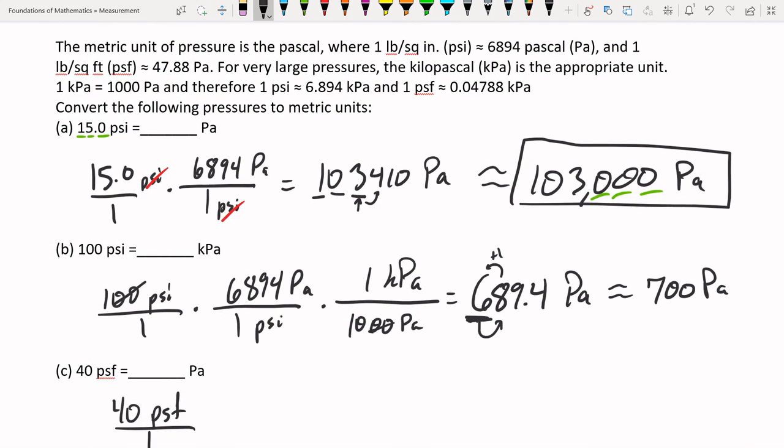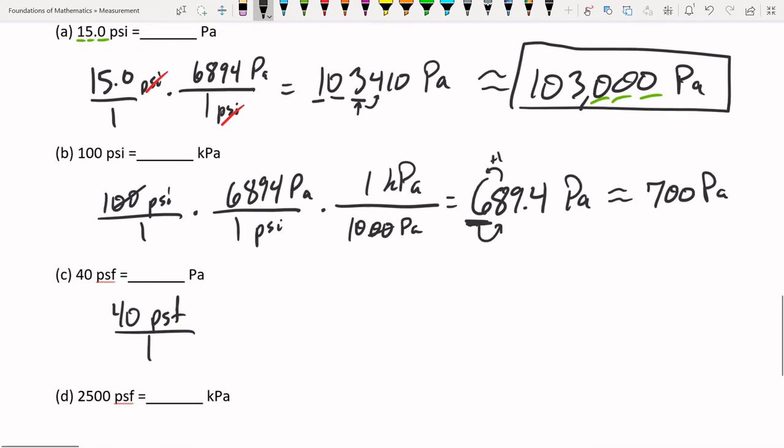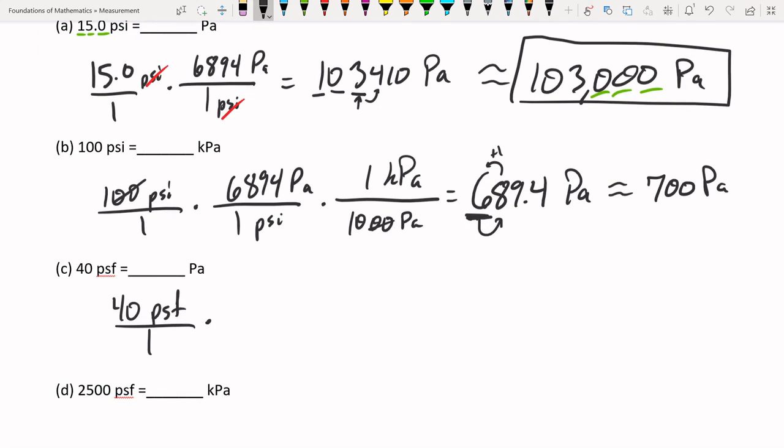Let me show you where I'm talking. 1 pound per square foot, which is PSF, equals 47.88 pascals. Okay, and that gives us the unit we want. 40 times 47.88.